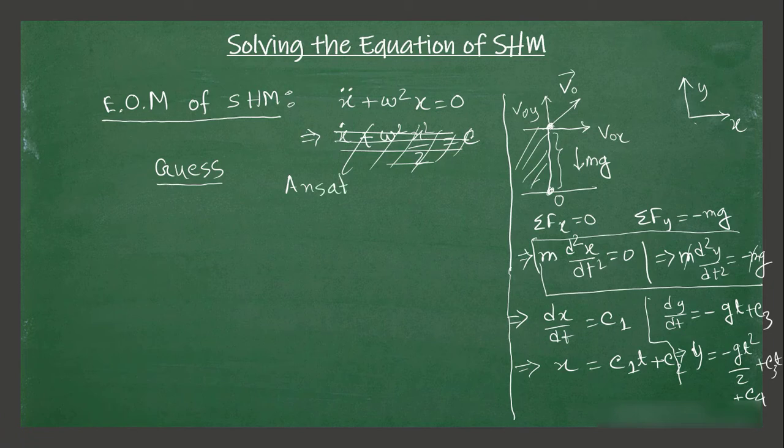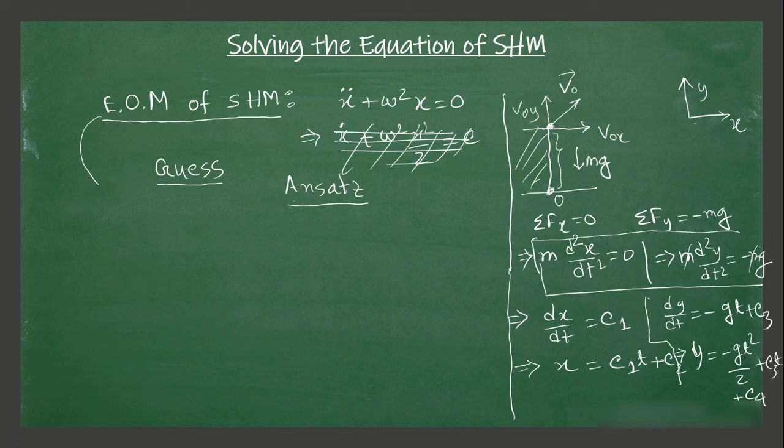Ansatz is the German word for guess. Now, if you take physics as a career, you'll see in future that we have to do a lot of smart educated guesses or Ansatz. So let's try to find the solution of this equation of motion by guessing.